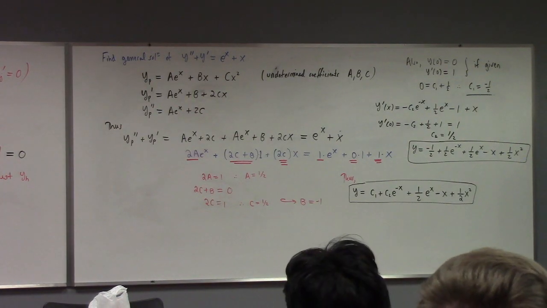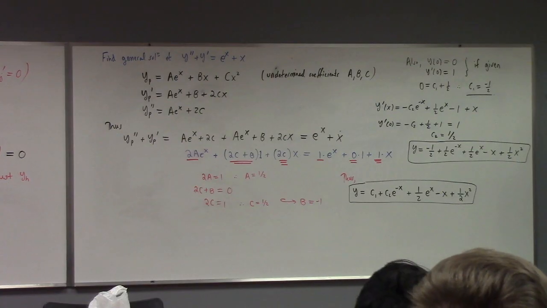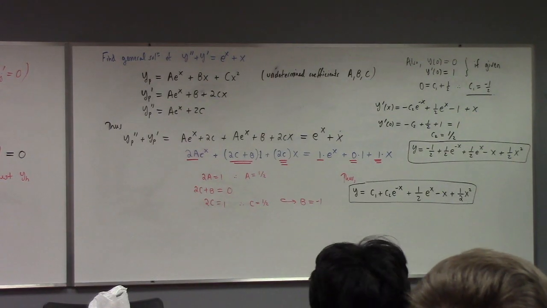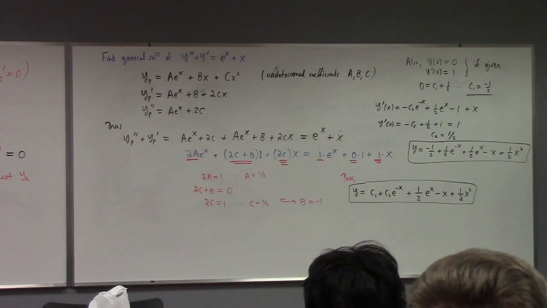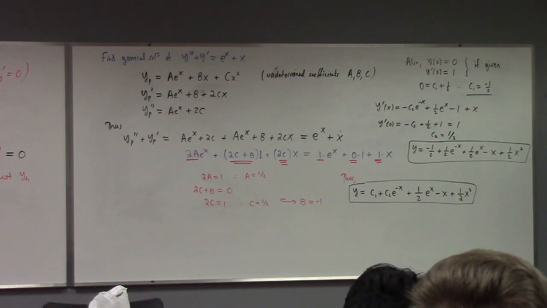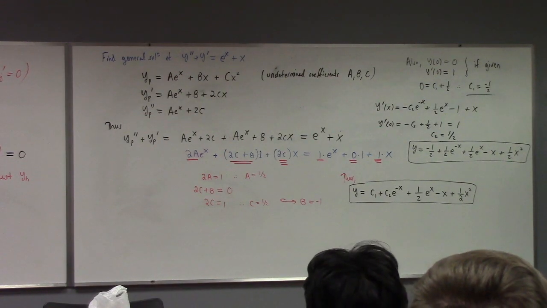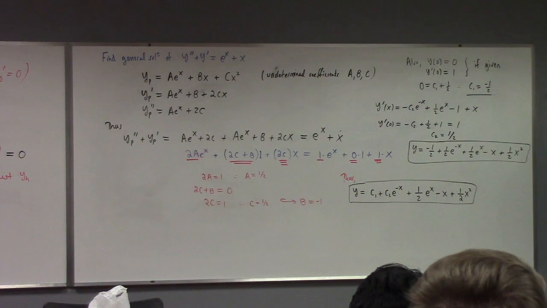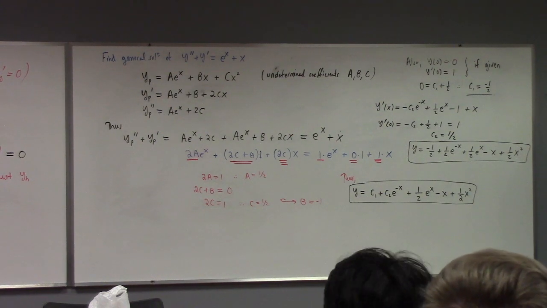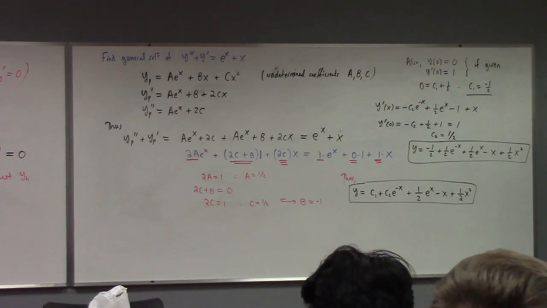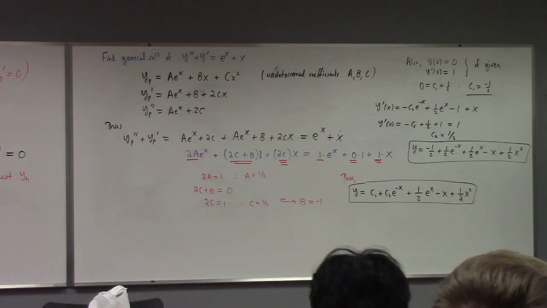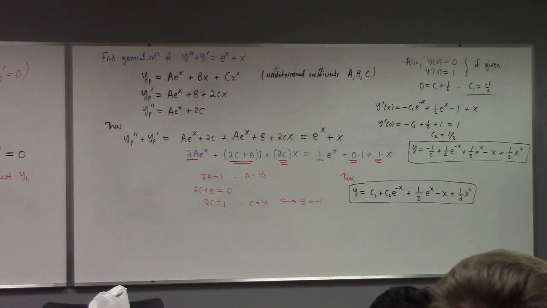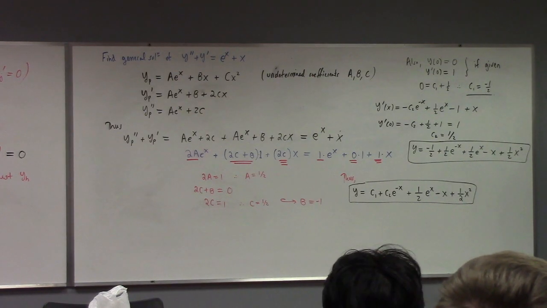So where did I make my mistake? Did I differentiate it wrong? I think 0 equals C1 plus 1/2, I don't know if that's true. I think it's C1 plus 1/2 plus C2, or minus C2.